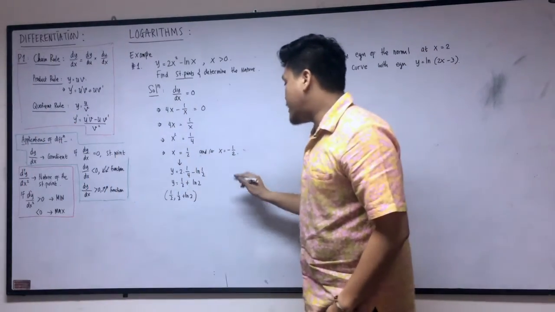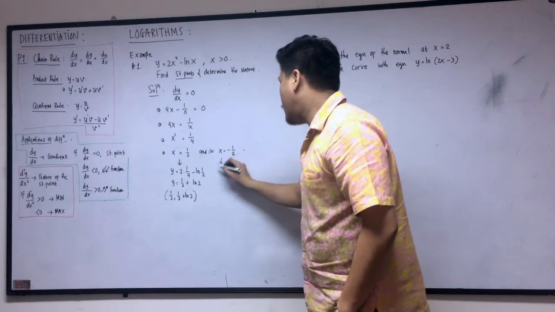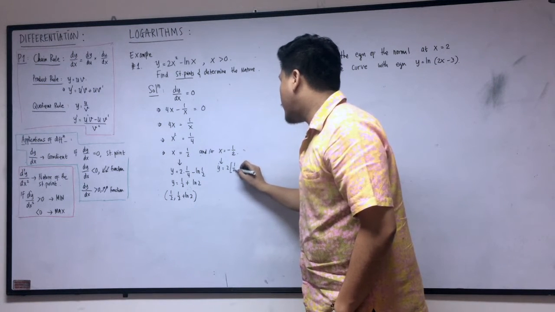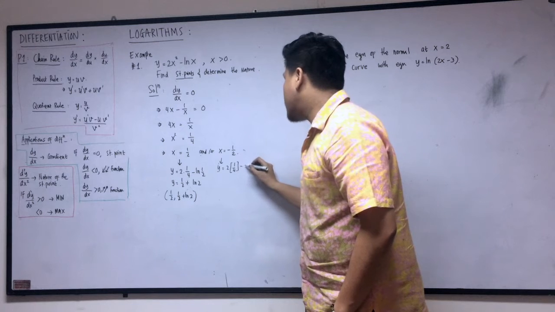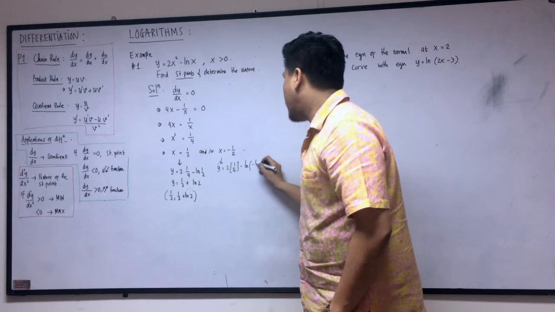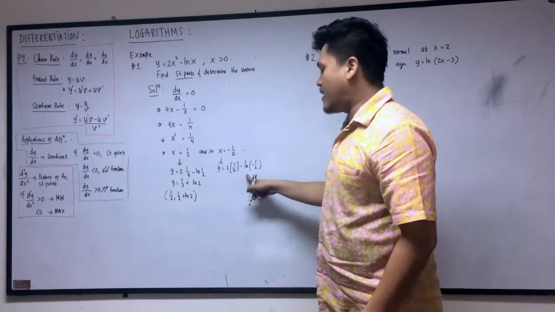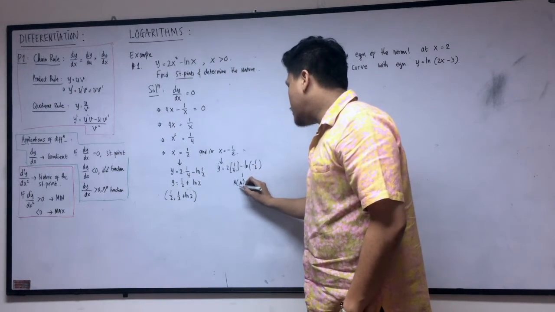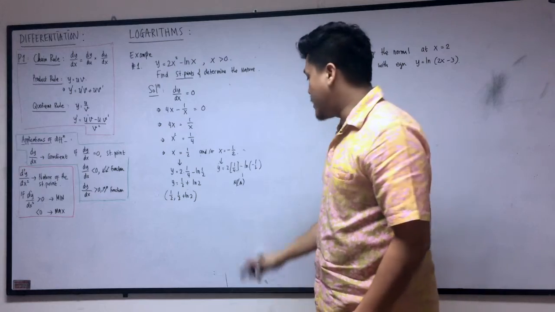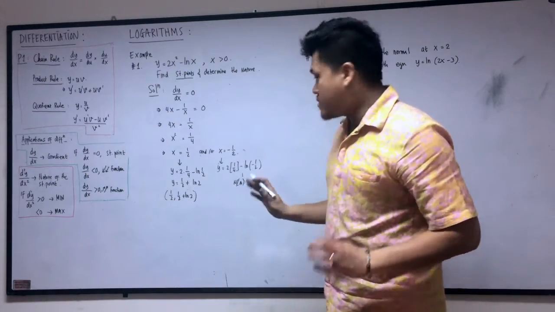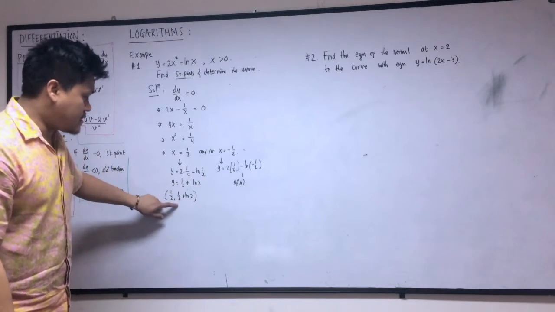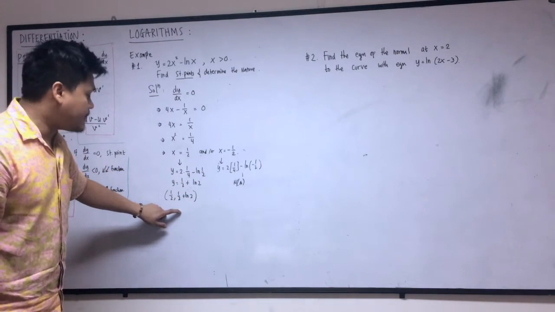When x equals negative half, y equals 2 times 1 over 4 also minus ln negative. Is there any ln negative? There's no ln negative, so we're not going to use this at all, because this is totally wrong. Okay, so coming back again to this, that's going to be your only stationary point.